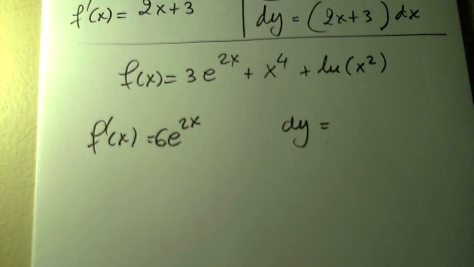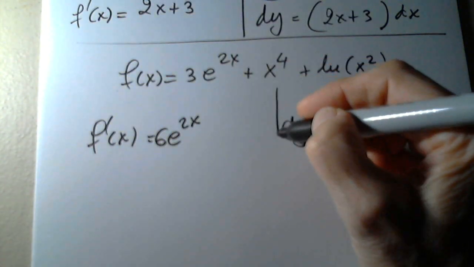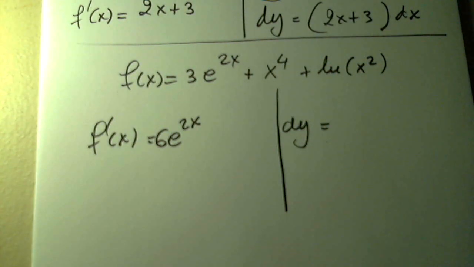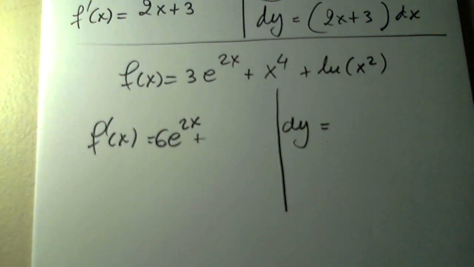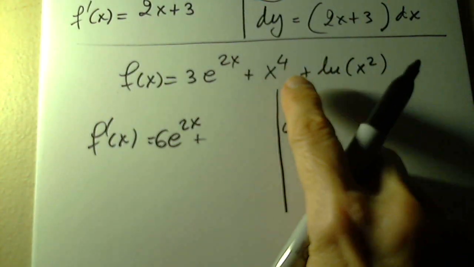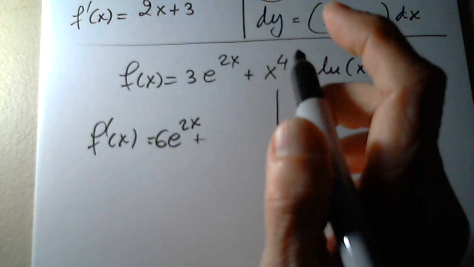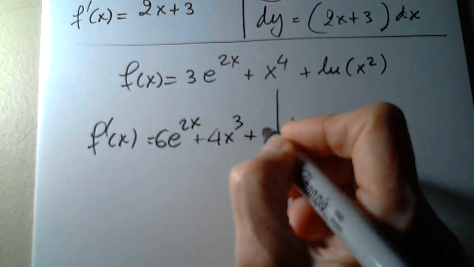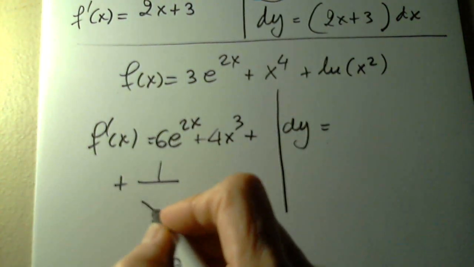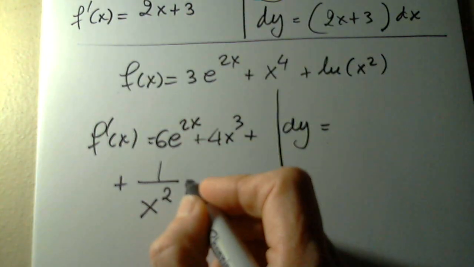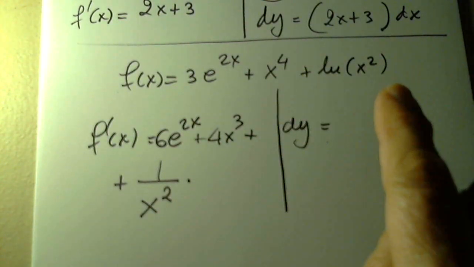Is that okay? Plus x to the fourth, whose derivative is 4x to the third. Good. Plus, remember, natural log: 1 over x squared times the inner function prime.